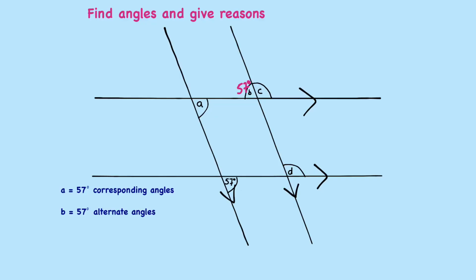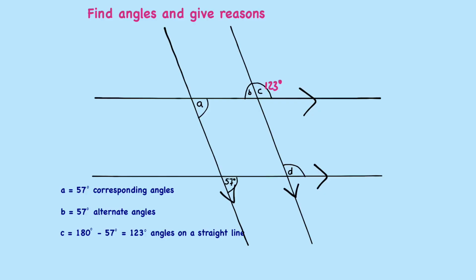So I can see that I have angles on a straight line add up to 180. Therefore, if I take 57 away from 180, I will be left with the size of this angle. So that means that angle C is 123.